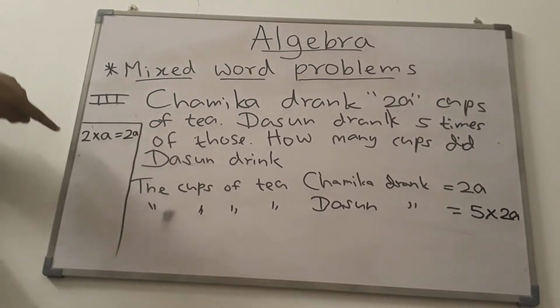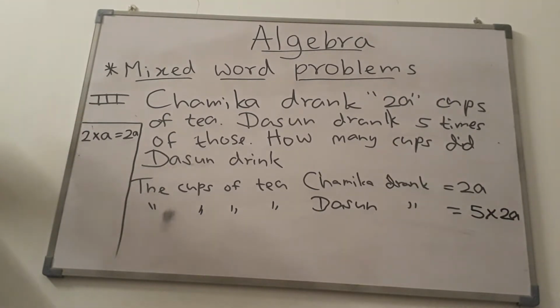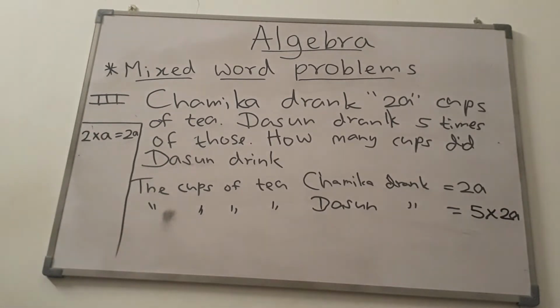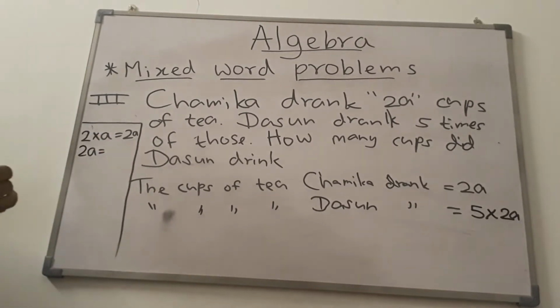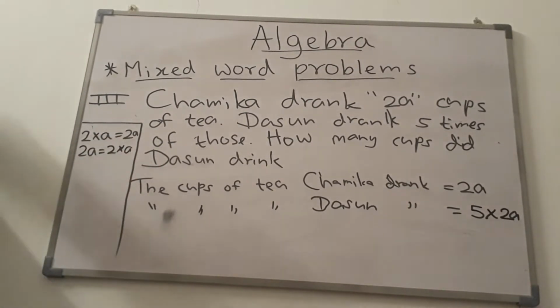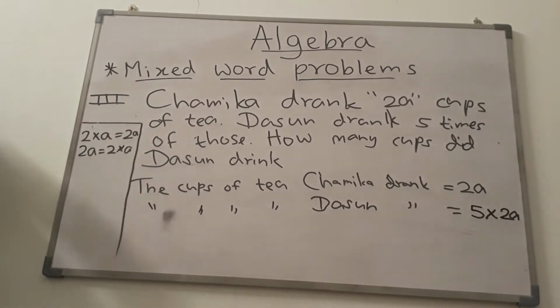If we multiply a number term with an algebraic term, we can combine those two. Likewise, we can break 2A as 2 times A. 2 times A means 2A, likewise 2A means 2 times A.